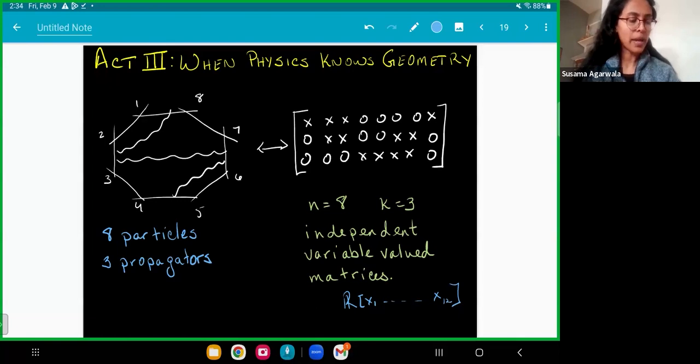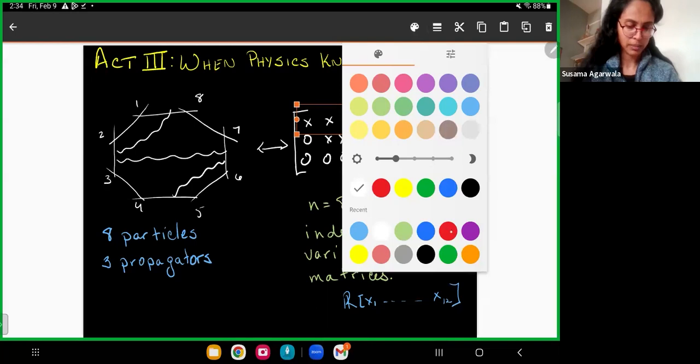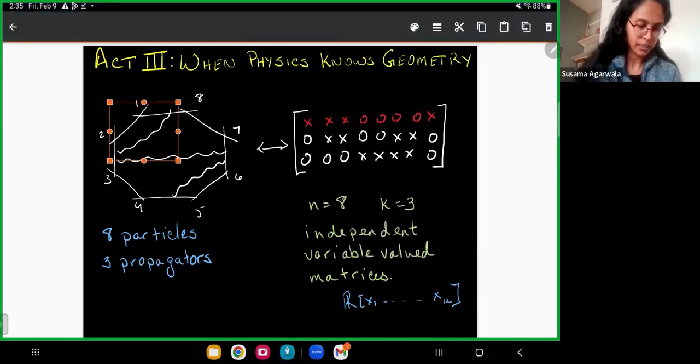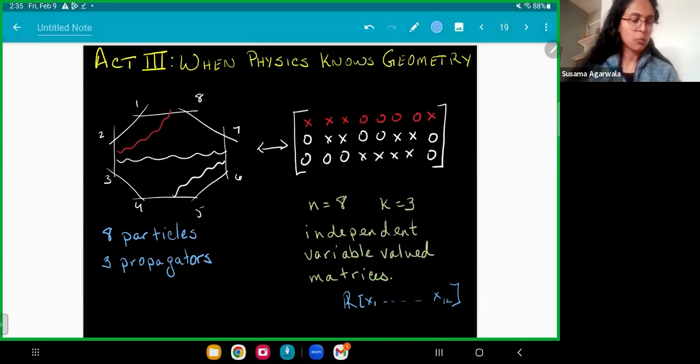So the way that I write down what each of these matrices are is I will take this one here and just change some colors. And let's talk about that one as this guy here, and let's make it the same color. So why does that row correspond to that propagator?